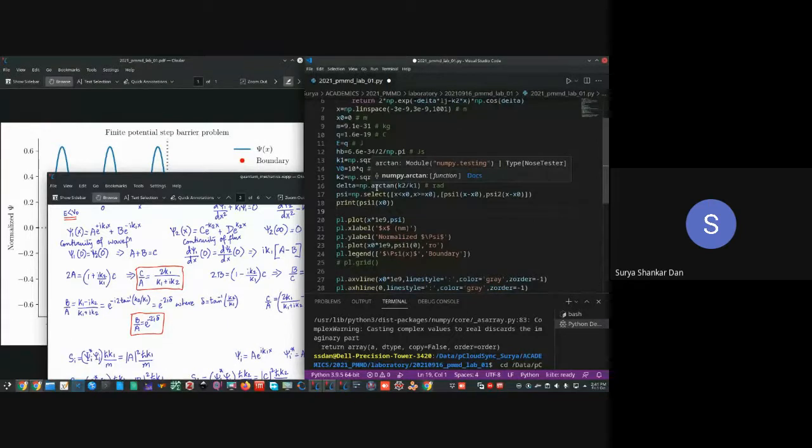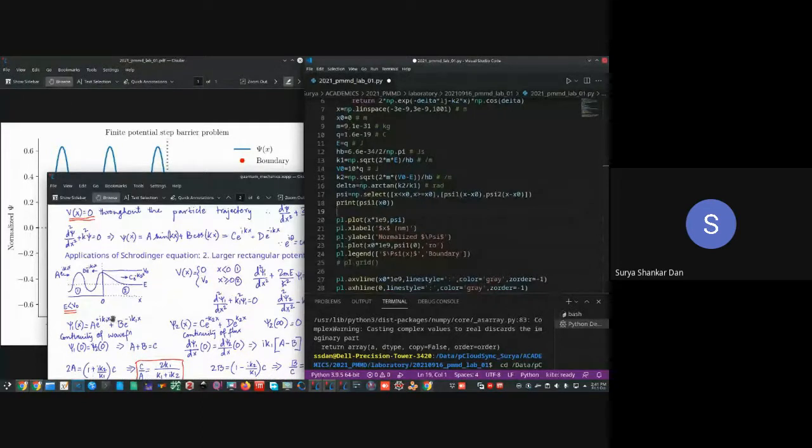When x is less than x0 it will take psi1 of x minus x0, because x0 is the junction we have chosen. In our class we chose x equal to 0, so this x minus x0 is nothing more than origin shifting. When x is greater than x0 you will have psi2, very simple.